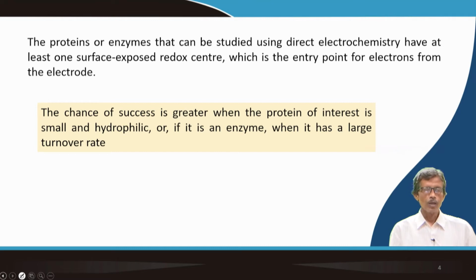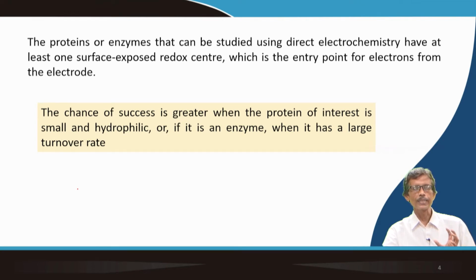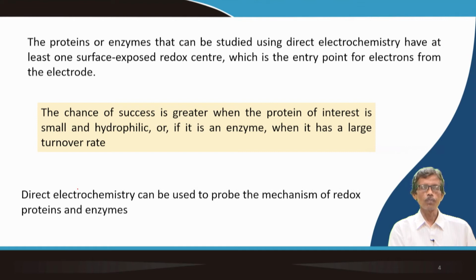The chance of success for these measurements is higher when the protein of interest is small and hydrophilic in nature. That means it can accept protons or have some good affinity for water molecules. If it is a metalloenzyme, then we can also find a large turnover rate for these catalytic reactions which are followed or preceded by electron transfer.